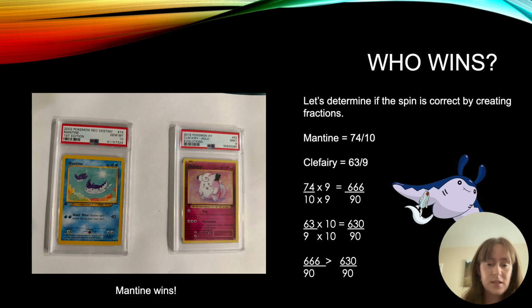We get 630 over 90. Which one's greater? 666 or 630? 666 is greater than 630. So 666 over 90 is greater than 630 over 90. So Mantine wins.